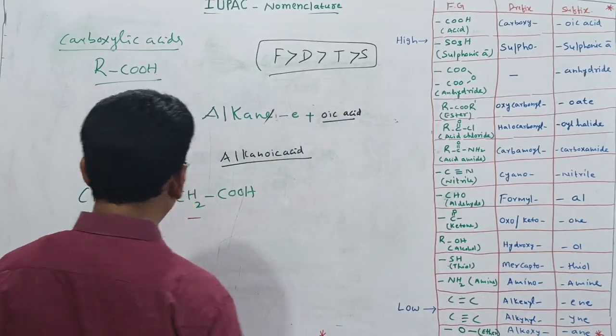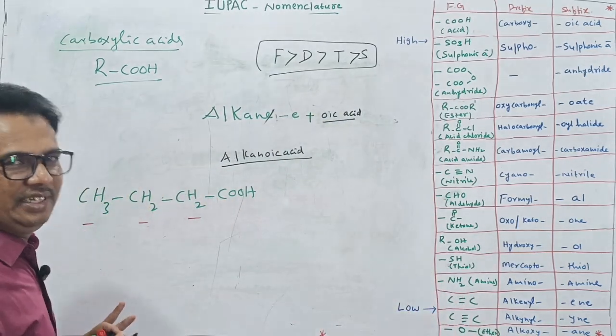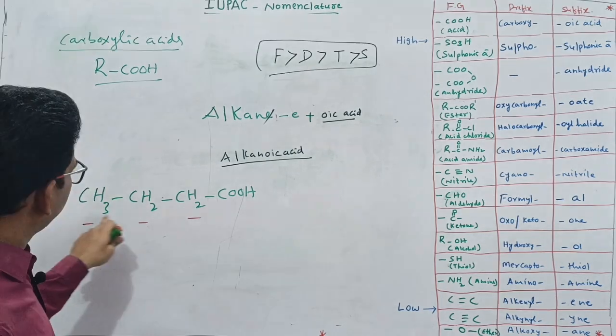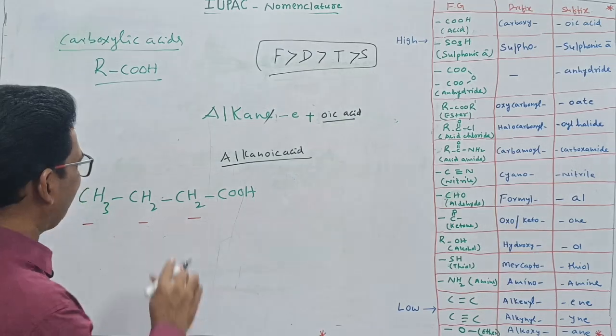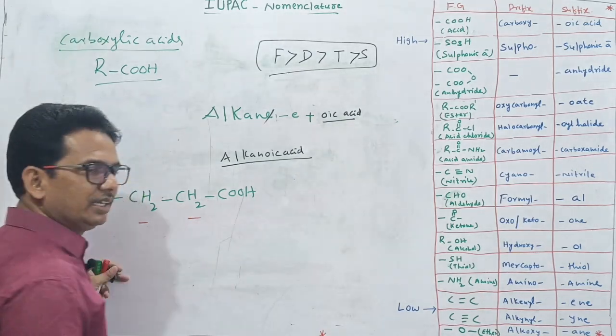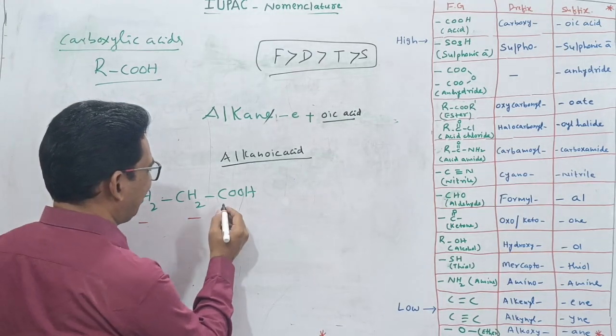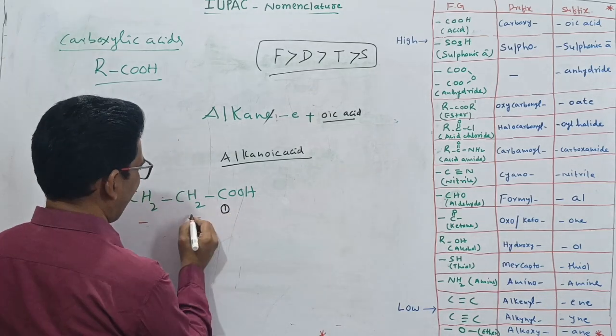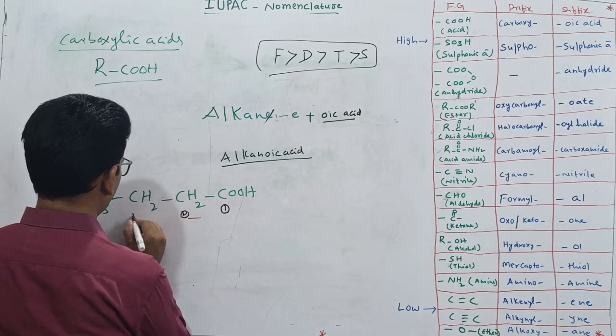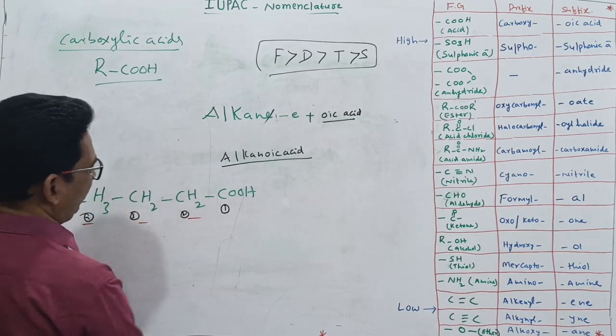Remember this point. Then how are we going to number this one? Very simple, because there are no other substitutions and only one functional group, we start numbering from this carbon, and we count this carbon also. 1, 2, 3, 4.